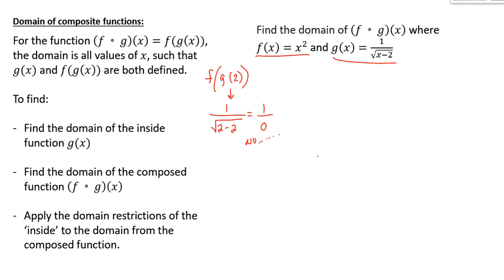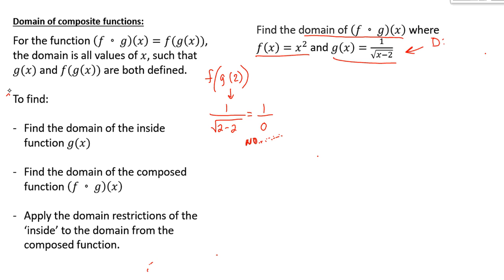Can't divide by 0. So in our domain for this composition, we still can't divide by 0. So if there's a restriction on the inside function, you have to name his domain first.